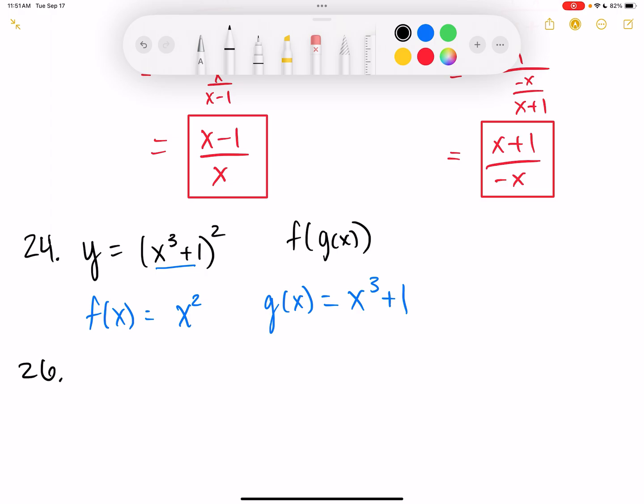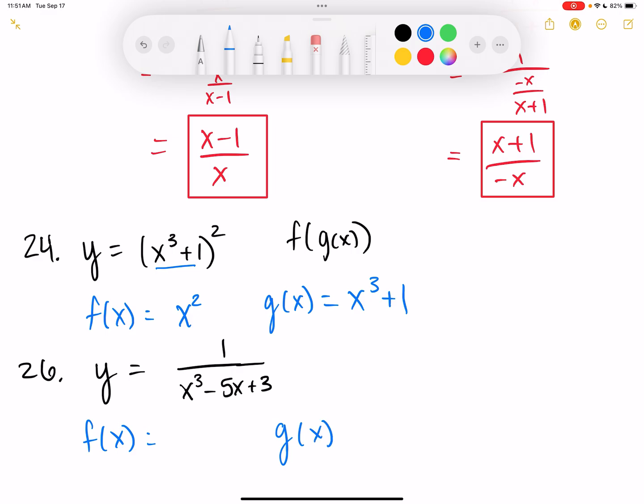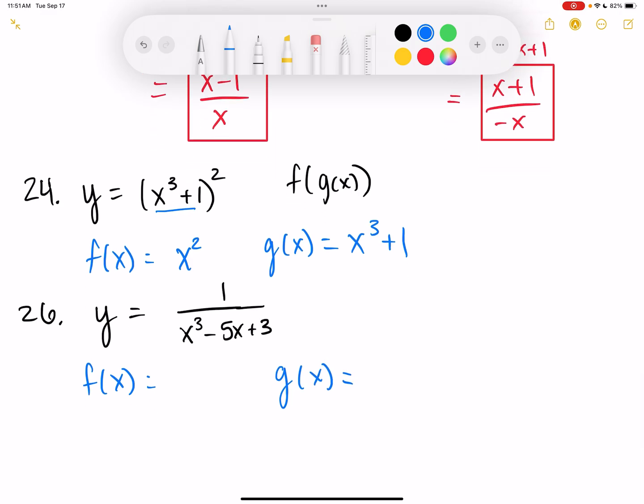26, y equals 1 over x cubed minus 5x plus 3. So with this one, what would my g of x be? Or what's an option for g of x to be? X cubed minus 5x plus 3, everything in the denominator, and what would that make f of x then? 1 over x.